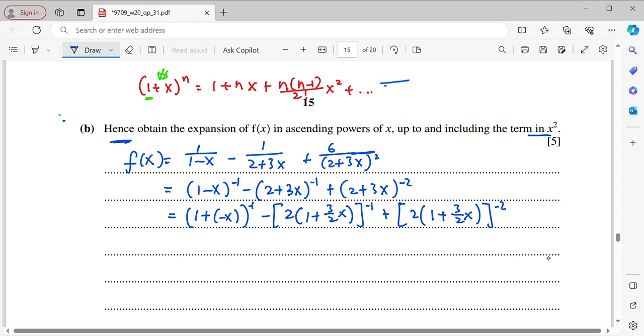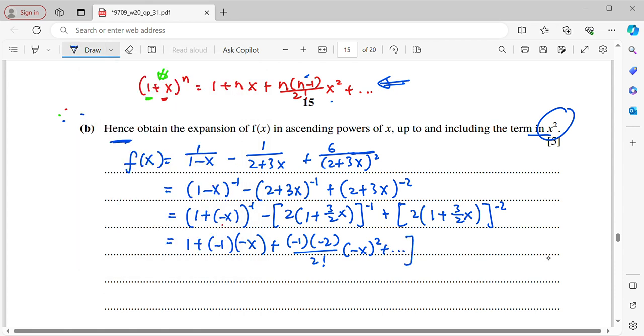Okay, and now just apply the formula. We expand just until x squared. So it will be 1 plus n is minus 1, then x, plus n(n minus 1), so that means this is minus 2 over 2 factorial, then minus x squared, because our x now becomes minus x. Okay, so we have a few more terms.